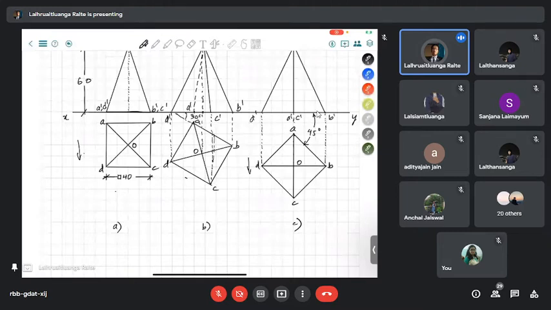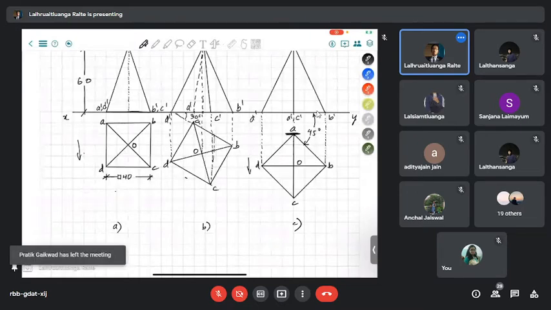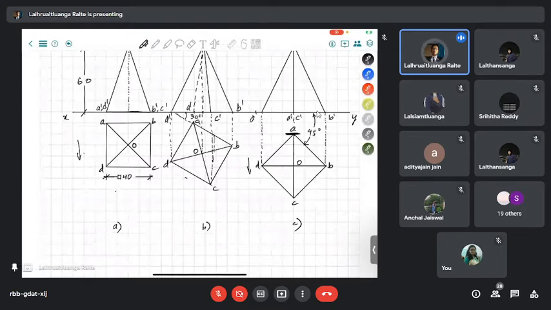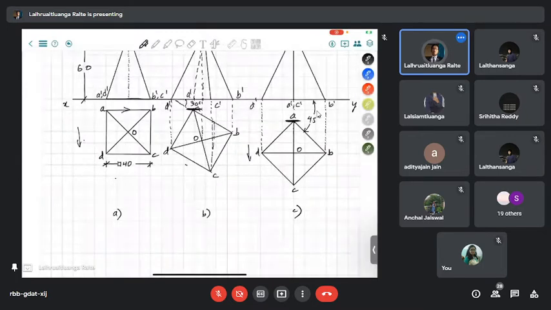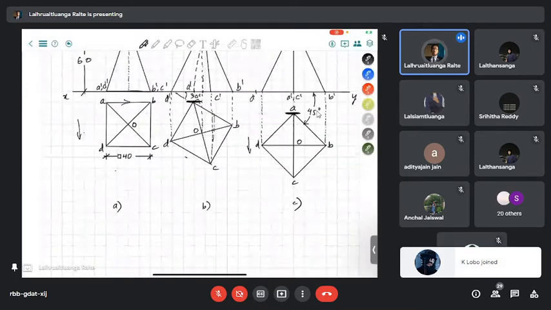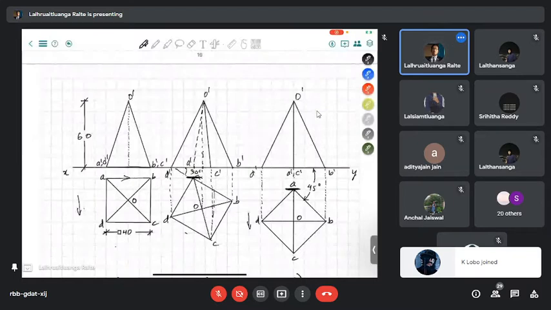Like for example, this part, as well as this part, for visualization, when an axis of a solid is perpendicular to the horizontal plane and parallel to the vertical plane.